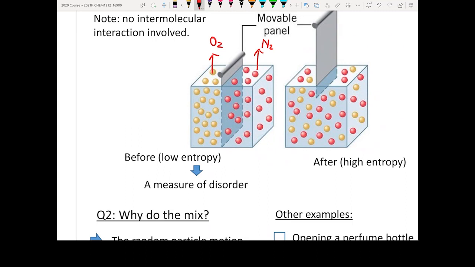Here, what it shows is a box divided into two empty spaces, and in those spaces I fill in oxygen and nitrogen. Then I remove the blocker in between. Then what happened? They are going to mix with each other, right?